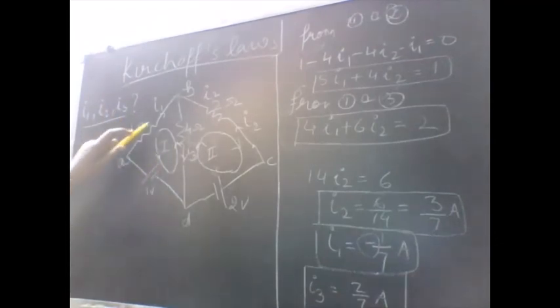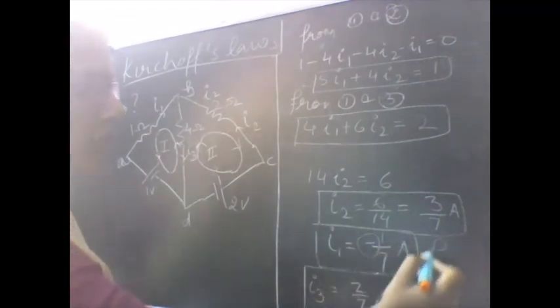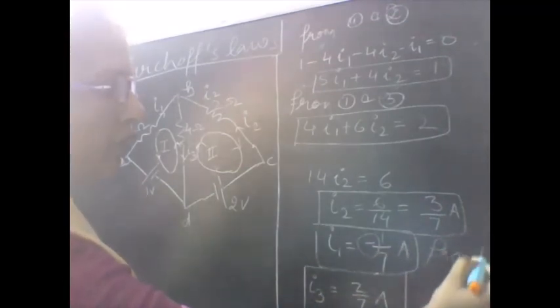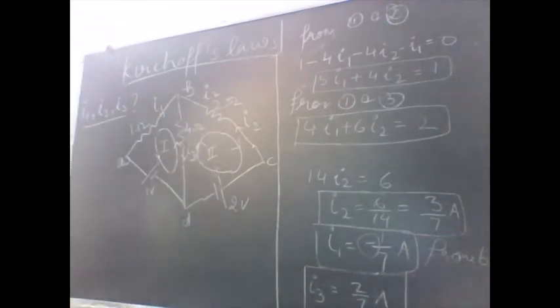So what is the direction of I1 here? I1 direction was given from A to B. The minus sign indicates that the direction should not be from A to B, rather the direction of I1 should be from B to A. So this is a wonderful result that we have obtained.